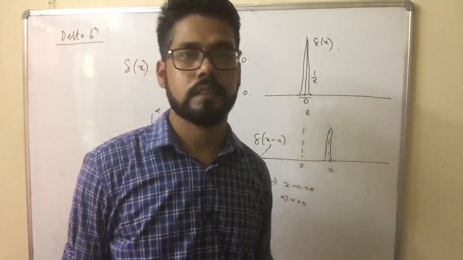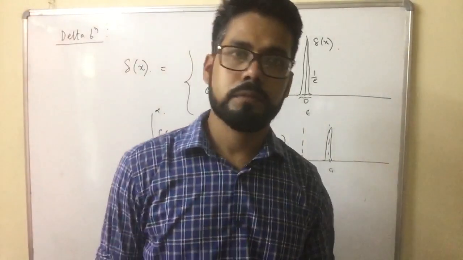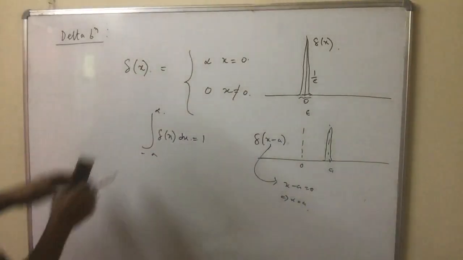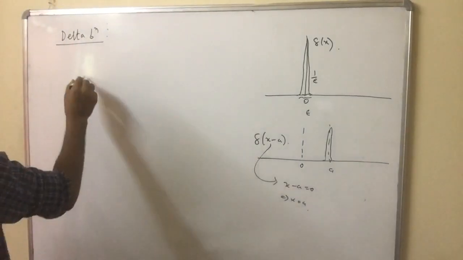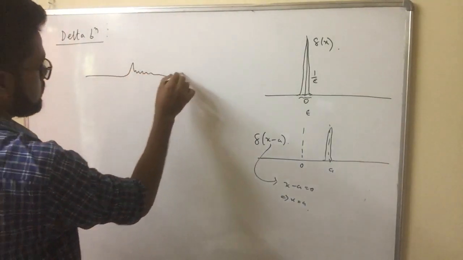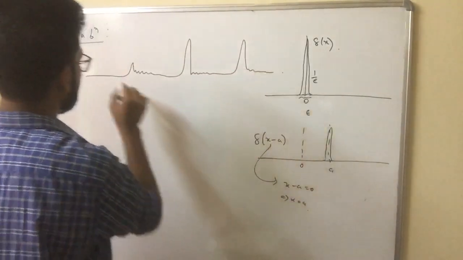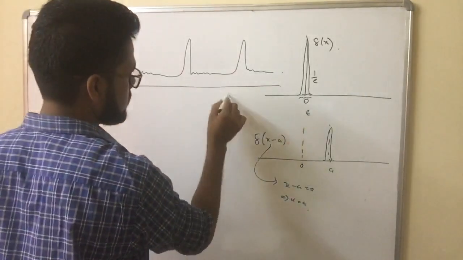Why is it so necessary? In signal processing in electronics, apart from electrodynamics, it is very essential. I am giving an example only to understand. Suppose this is an EMD signal, and this is the x-axis.